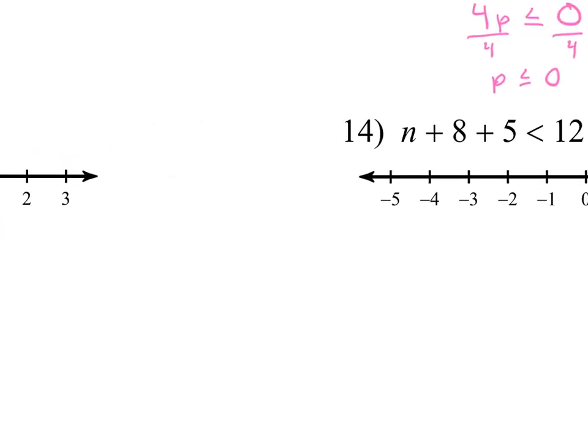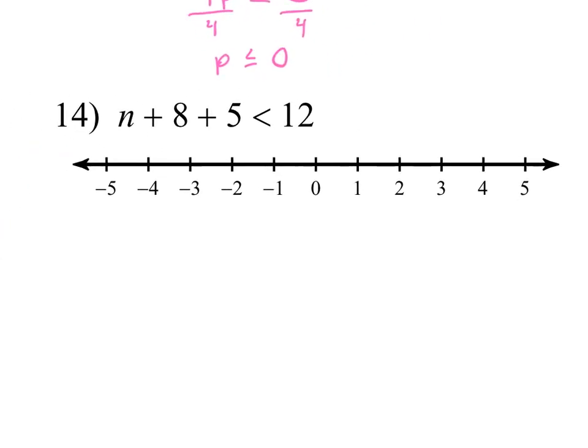All right, let's look at 14. What do we do first? We add 8 and 5. So we have n, 8 plus 5 would be 13. So n plus 13 is less than 12. How do we get that 13 to the other side? Subtract. So n is less than -1.